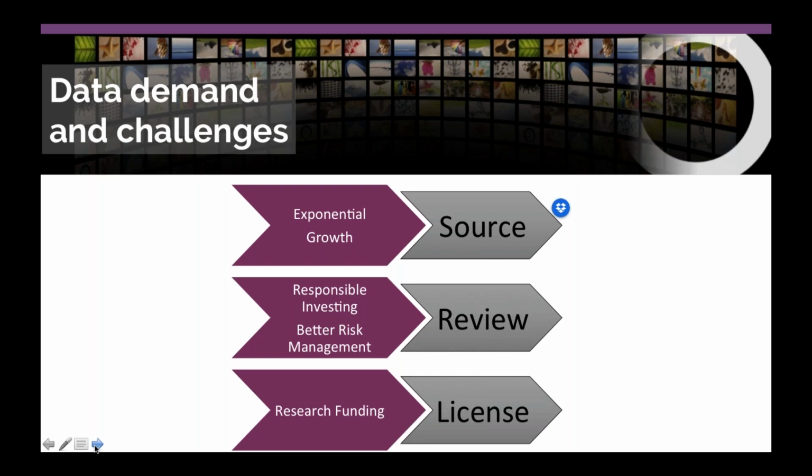It's not always easy to review the data. It can be quite opaque or quite technical in nature, and licensing isn't always clear and easy to understand as well. So throughout the whole system, from the data provider and the data publisher through to the data consumer, the practitioner, there's lots of friction in the system, and the Oasis Hub is really designed to reduce that friction right the way across the whole value chain.